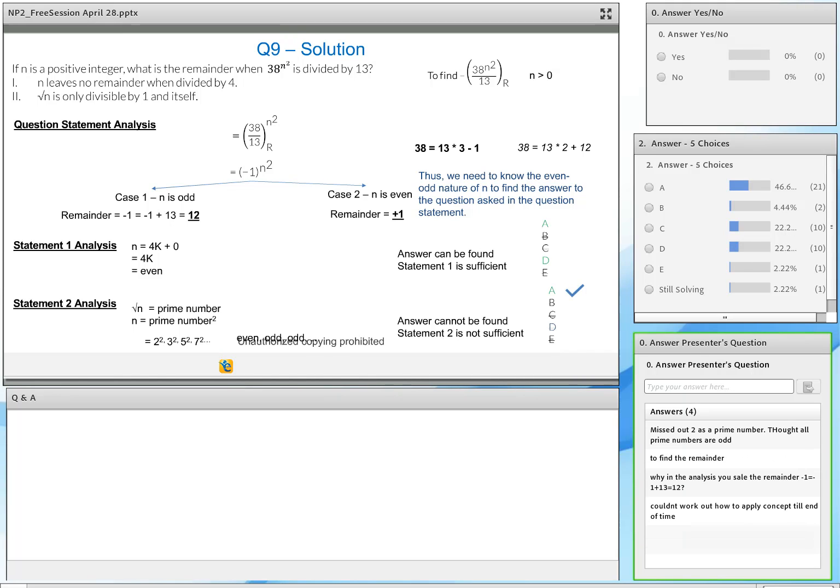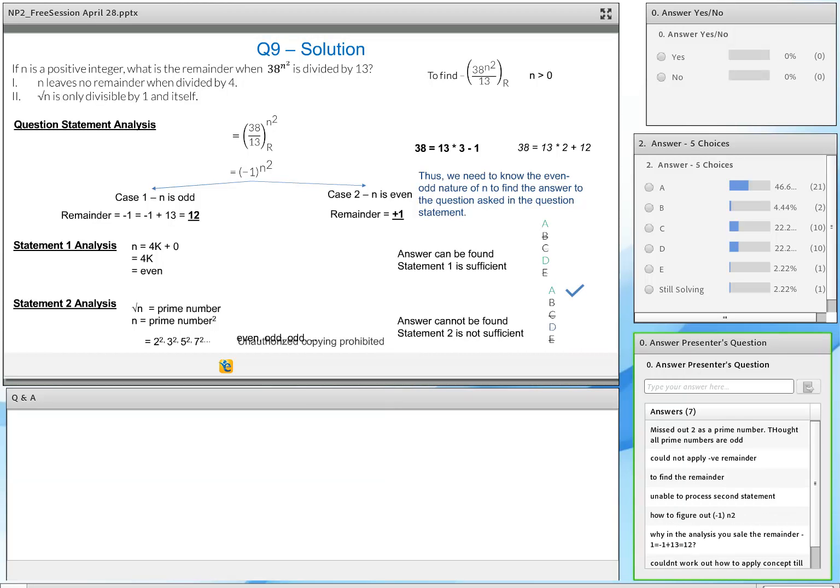Missed out 2 as prime number, thought all prime numbers are odd. So again, a very, very important conceptual understanding. Could not apply negative remainder, that's okay. If you could not apply negative remainder, make sure that you go through this PDF once more, go through the recording once more to understand the concept of negative remainder, because now you can see how these simple concepts can be applied.